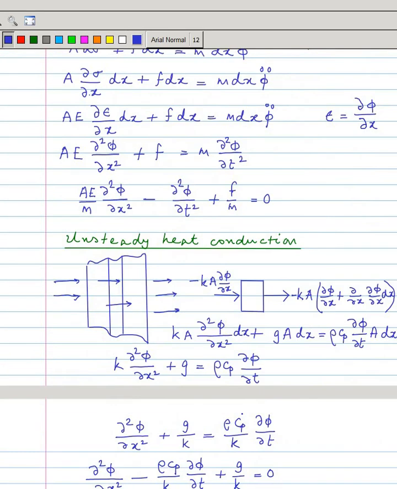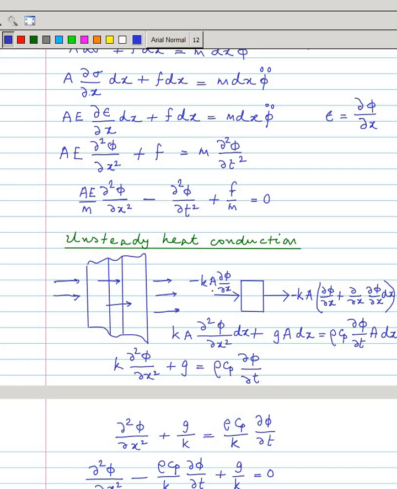But if you see the unsteady heat conduction problem, one dimensional unsteady heat conduction, heat is entering the slab and leaving the slab here, and heat is flowing only in one direction. So in this direction it is infinitely long. Now if you take a portion here which has a cross sectional area A, that means this length into the length in the depth direction.